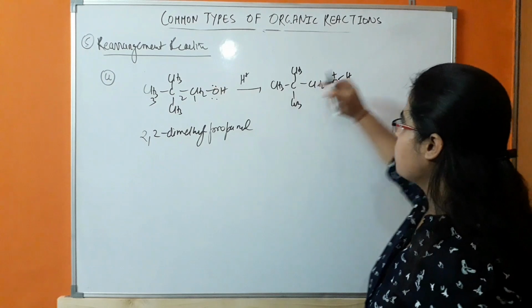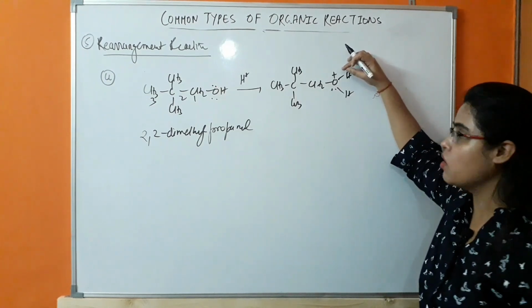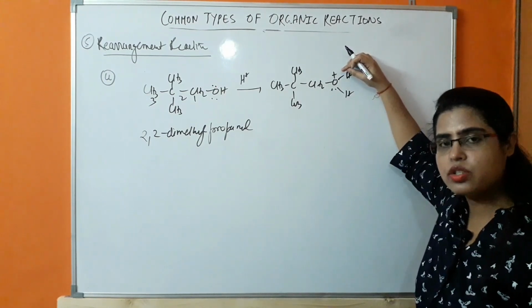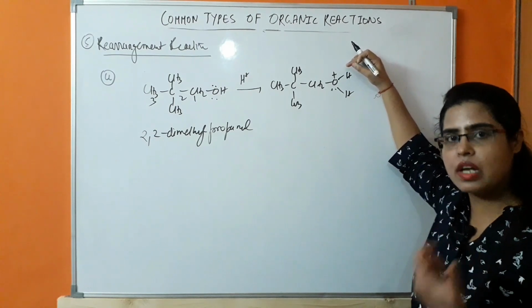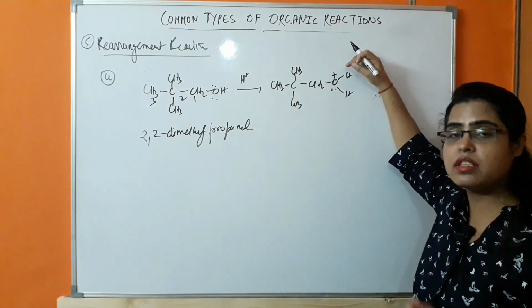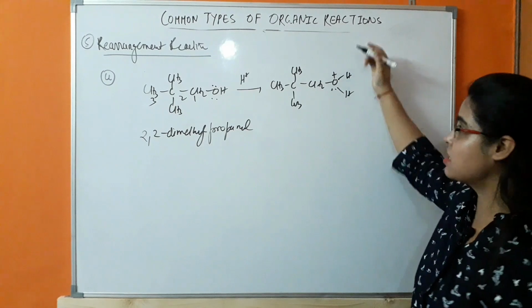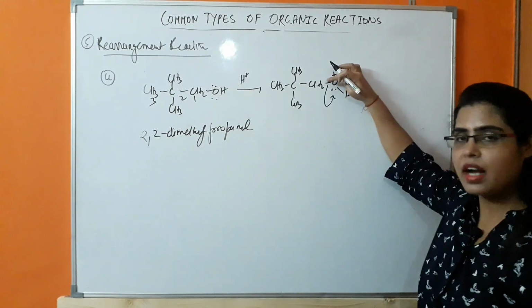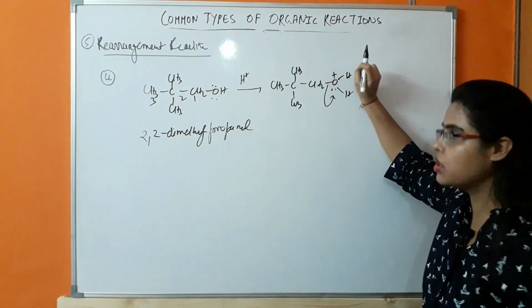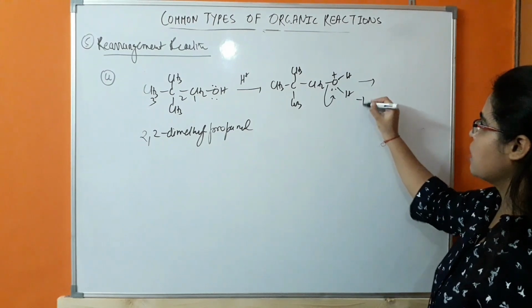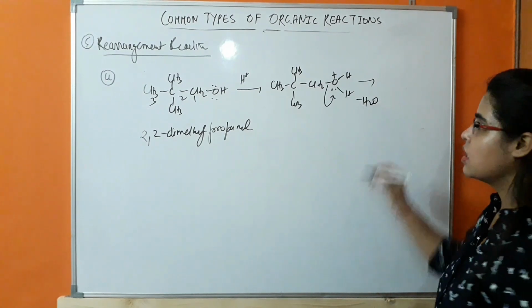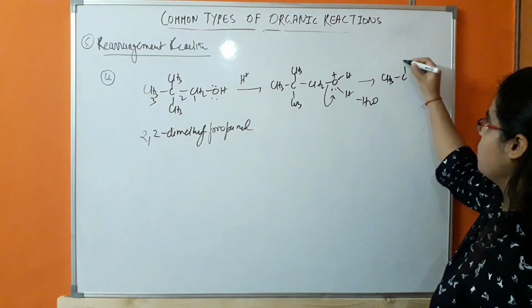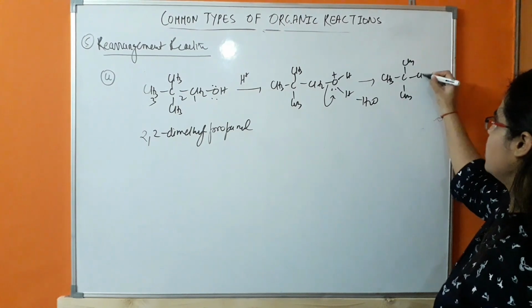Because of the attack, oxygen will be having positive charge. You know that oxygen is the second most electronegative element, so the positive charge on oxygen is unstable. So it will abstract this bond towards itself, due to which removal of H2O takes place and the formation of carbocation takes place.